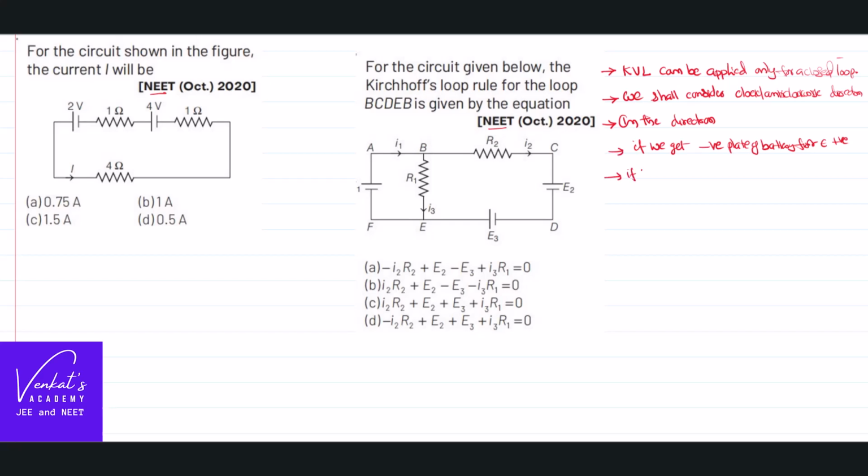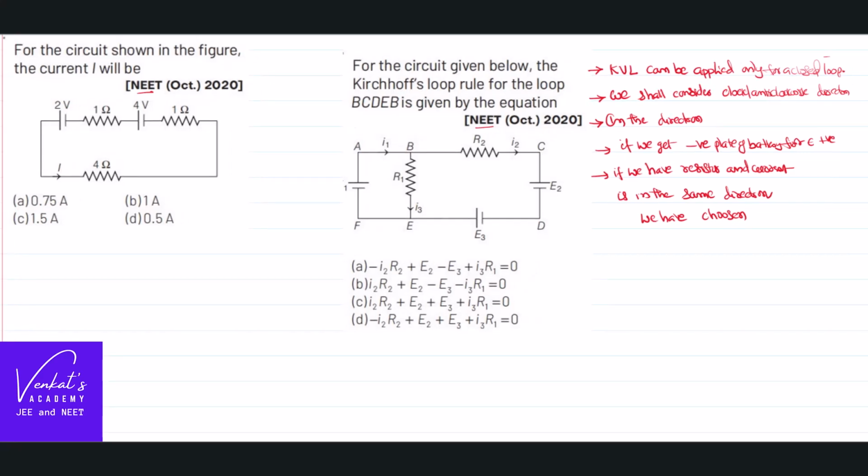In the direction that we have chosen, if we have a resistor and the current is in the same direction that we have chosen, then treat that voltage drop across it as negative and vice versa.